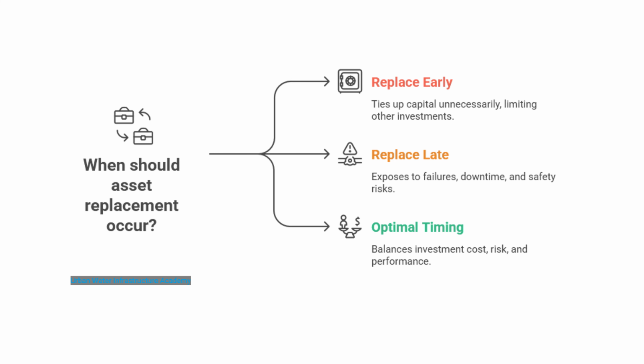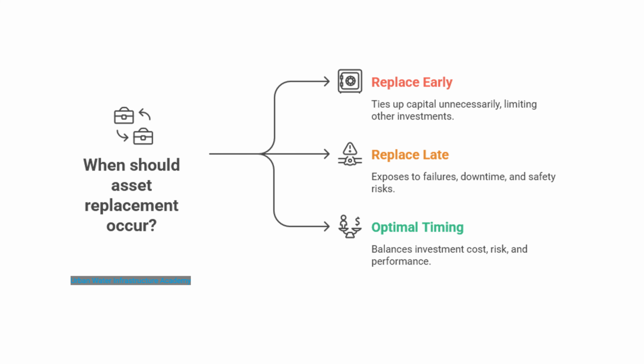Timing asset replacement is a strategic art. Replace too early and you tie up capital unnecessarily, money that could be used elsewhere. Replace too late and you expose the system to failures, costly downtime or safety risk. Advanced tools like Markov models use probabilities to predict the likelihood of failure over time based on historical data.